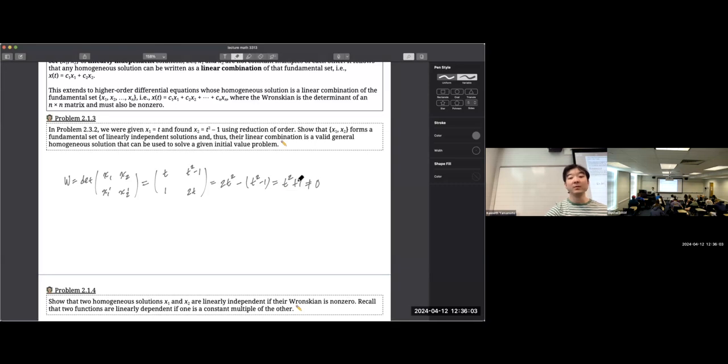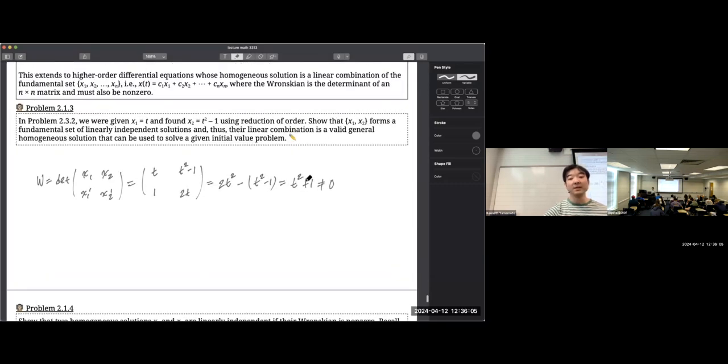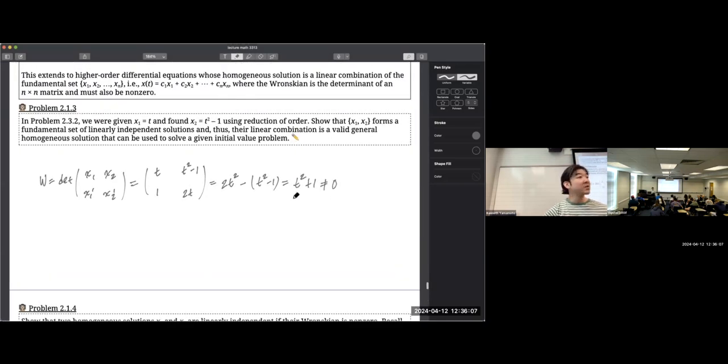The reason t squared plus 1 will never equal 0 is because t squared is positive. Or it could be 0. If t was equal to 0, then 0 squared would equal 0, plus 1. Or you could think of this as a parabola. t squared plus 1 is a parabola that's shifted up vertically by 1, and it never will cross the x-axis. So this is never equal to 0.